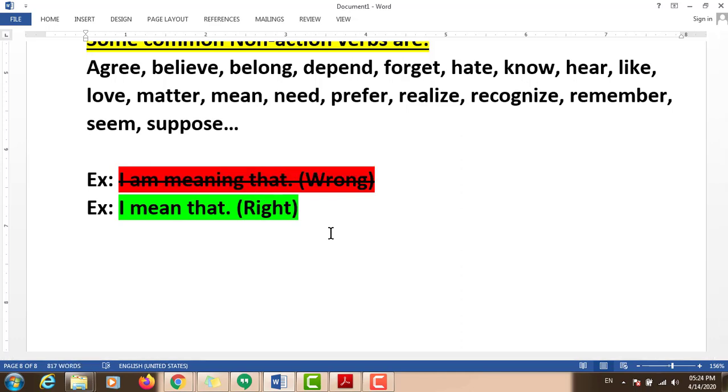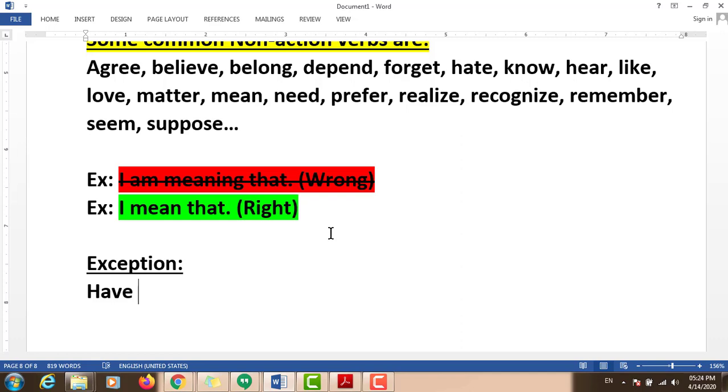But exception. In what cases can you use a non-action verb in ing form? In case, for example, let's take have. Have can be both.